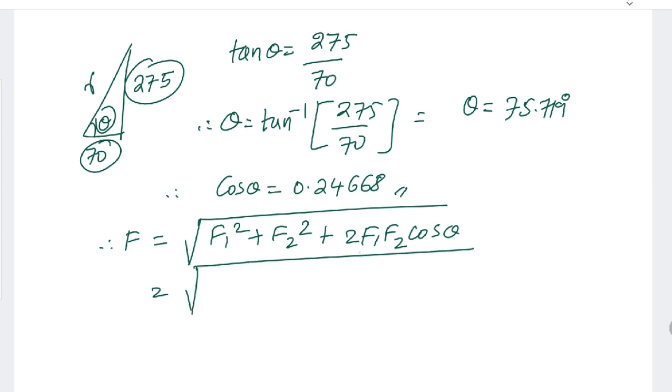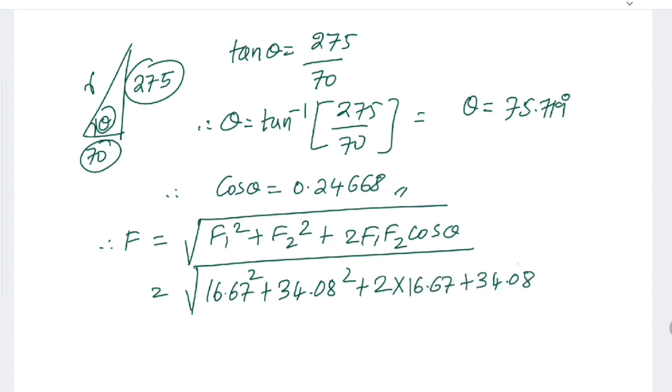So this is the root of 16.67 square plus 34.08 square plus 2 into 16.67 into 34.08 into cos theta, which is 0.24668.